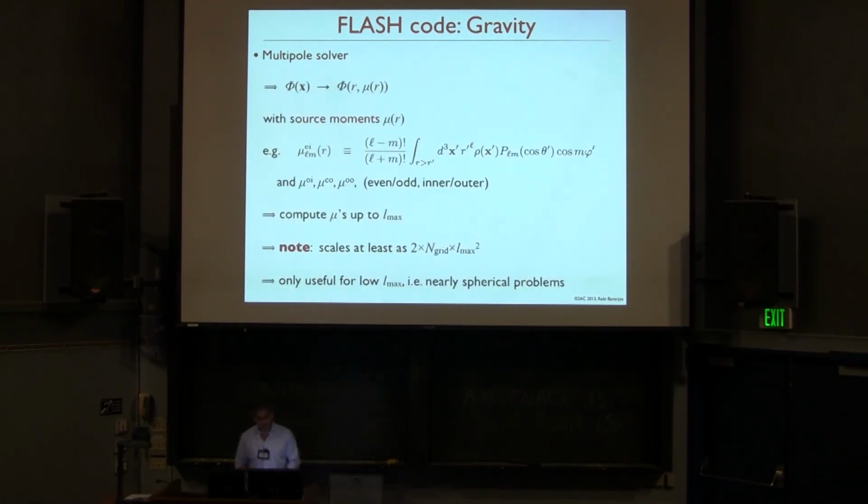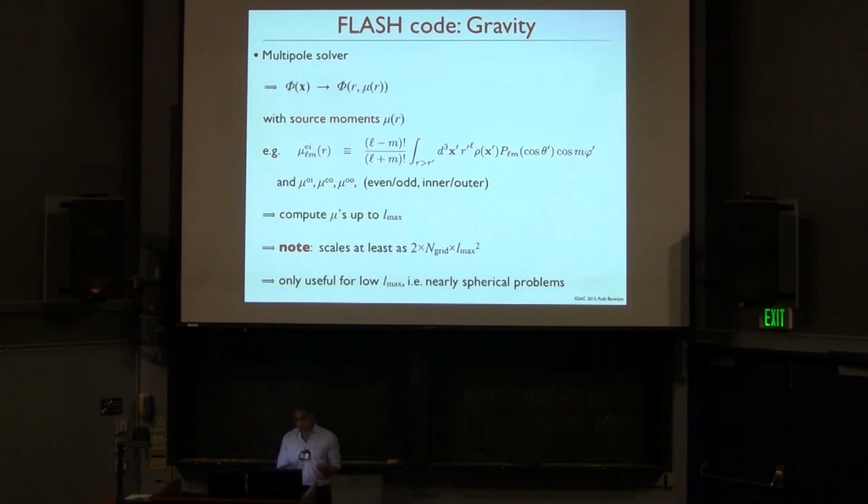And then, of course, your gravitational potential takes a form like this here. So it's a function of r and so-called source moments, mu of r. And these source moments you can calculate directly from the given density distribution with the Legendre polynomials given here.